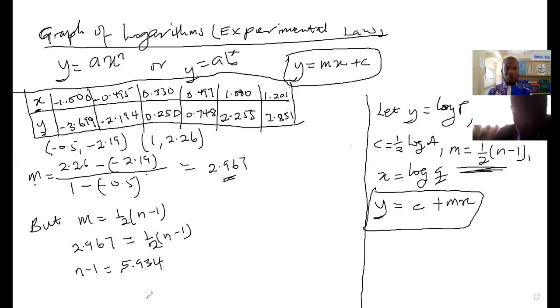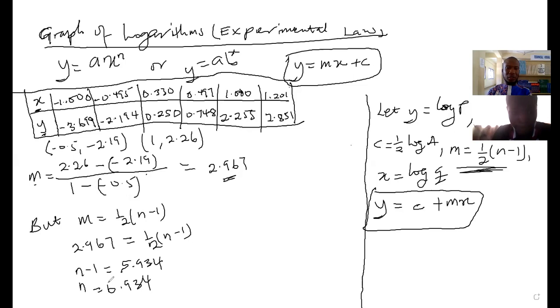Is that what your calculator gives you? N minus 1 equals 5.934. I had gone on to the final calculation already; I had n to be 6.934. All right, so here n will be equal to 6.934.